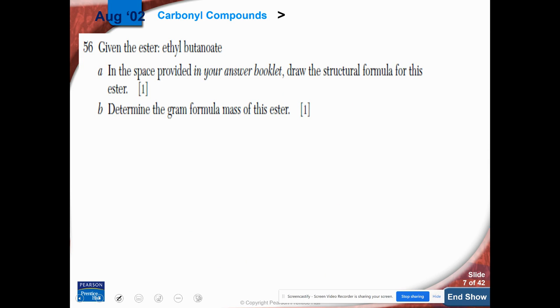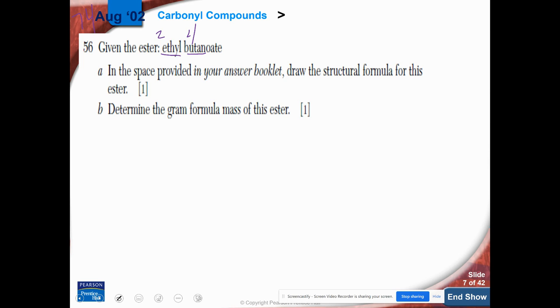So now, given this ester, ethyl butanoate, let's draw the structural formula for this. So structural formula means that I draw all of the lines, and I'm going to show all of the bonds. Okay, so now we are on page number 74, just in case you're wondering where we are, right? Page 74. So I named this branch first, and I have butane, which means 4 carbons, and then that ethyl means 2.